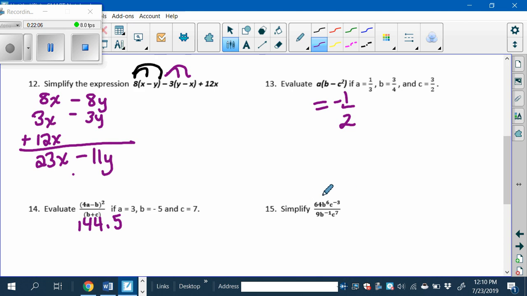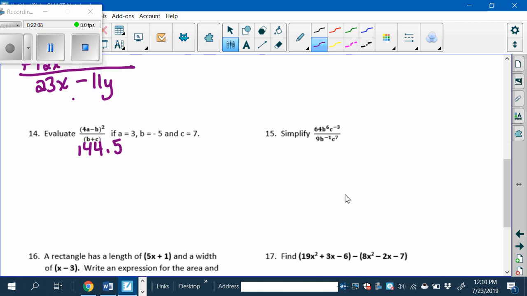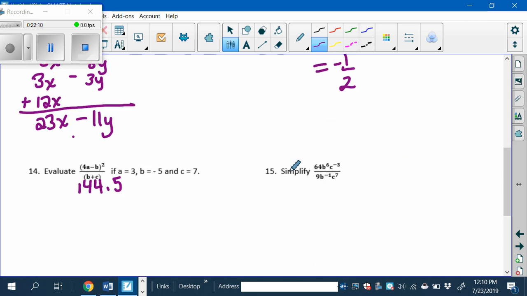Okay, now when we're dealing with dividing polynomials, remember that you need to divide the coefficients and then subtract the exponents, okay? So the first thing I'm going to do is do 64 divided by 9, right? And then I'm going to get b to the 6 minus -1.